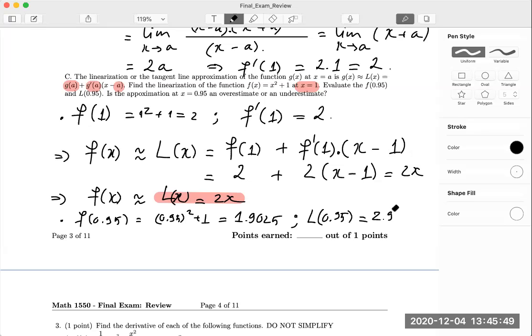Very good. Which is 1.9, right? Yeah, correct. So the real value is larger, by 0.0025 here, right? So the linear approximation here is an underestimate. Okay, that's it.